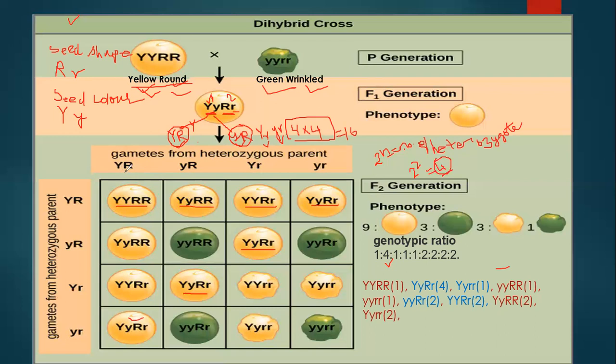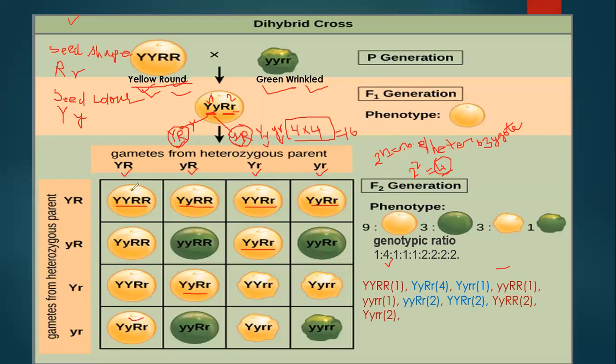So you have capital Y capital R, capital Y small r, small y capital R, and small y small r. These are the gametes which are formed from the heterozygous parent, and again you have the same gametes from the other side, because it is self-pollination, self-fertilization, so the same type of gametes will be formed.